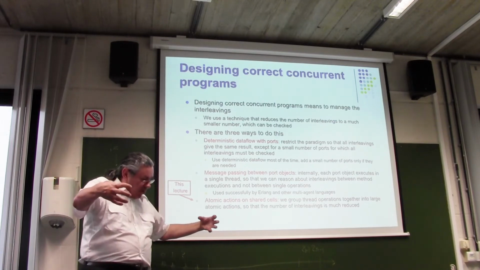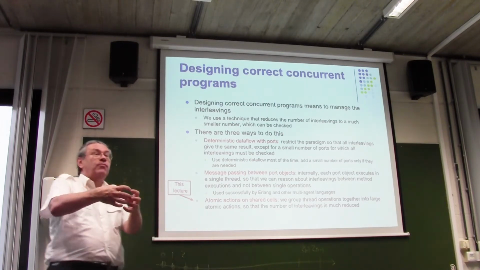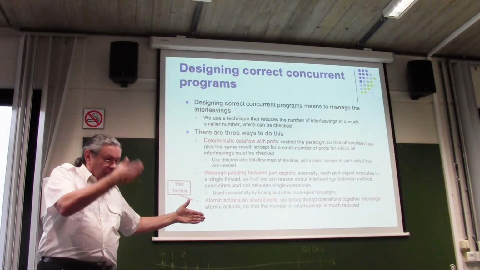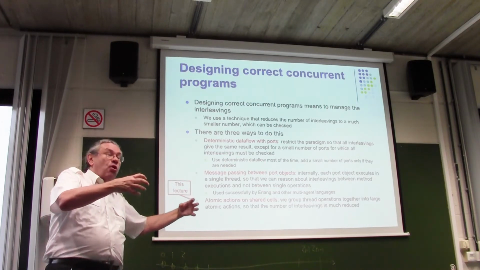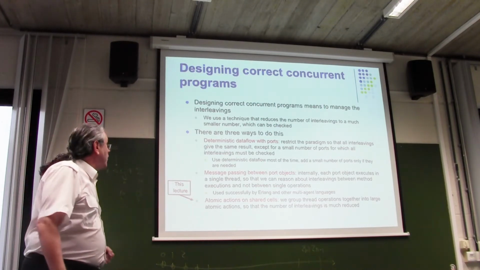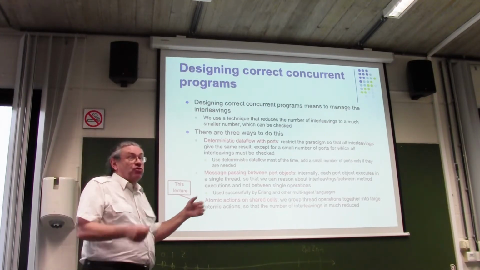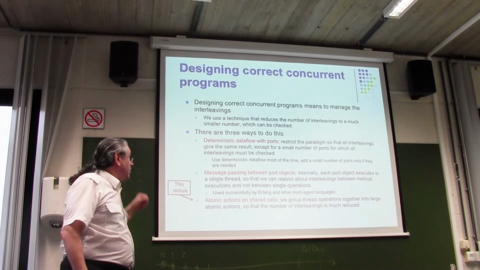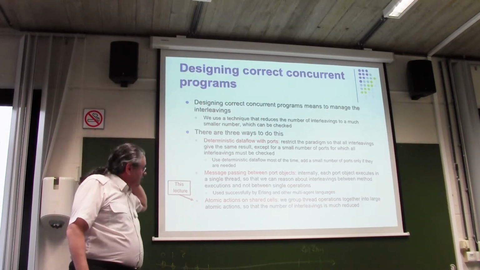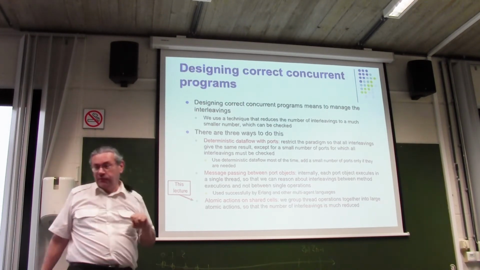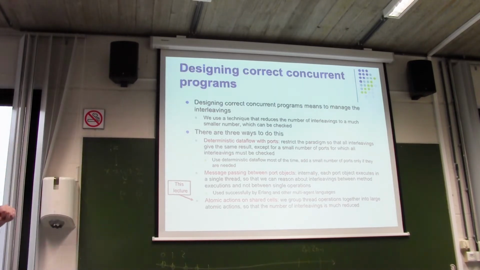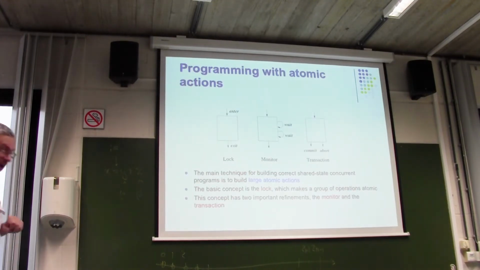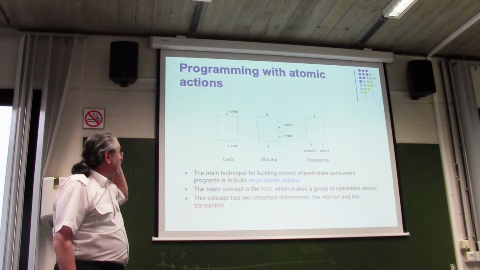Then all of these atomic actions are actually doing something useful, and then the scheduler can only choose the order of these big chunks. Okay, so you just have to make sure that after one of these big chunks the data structure is consistent. Okay, so it's much easier. So this is how you do it for shared state concurrency. Okay, this is what we're going to talk about in the next couple of lectures.